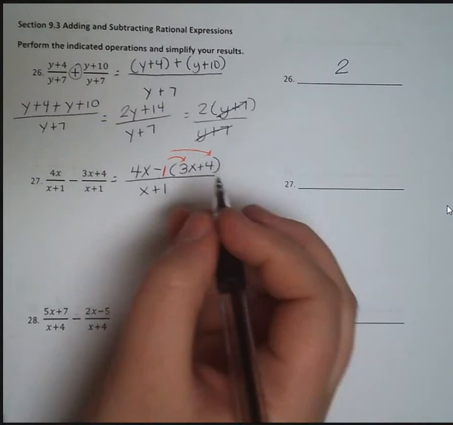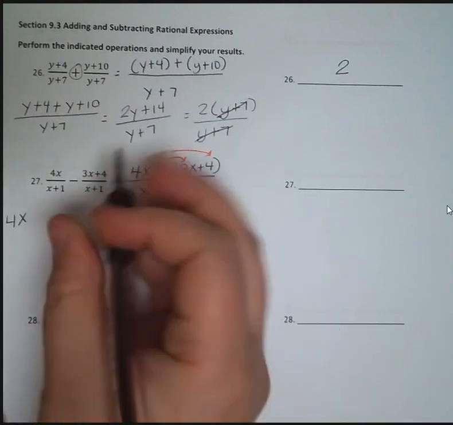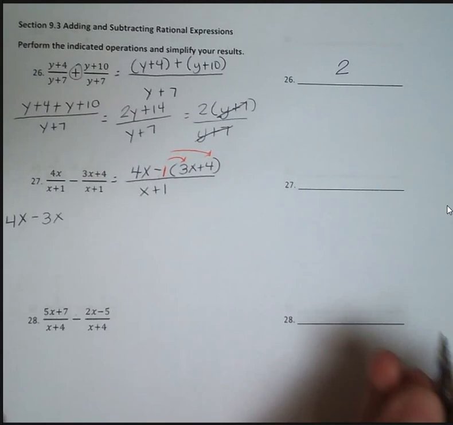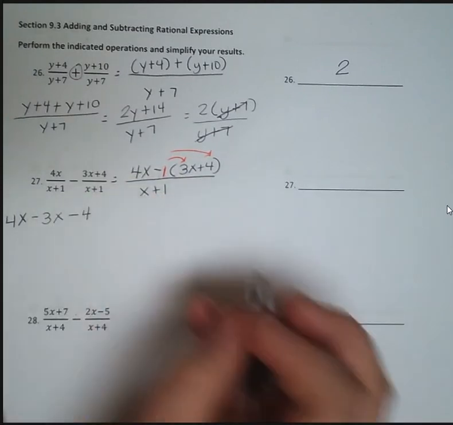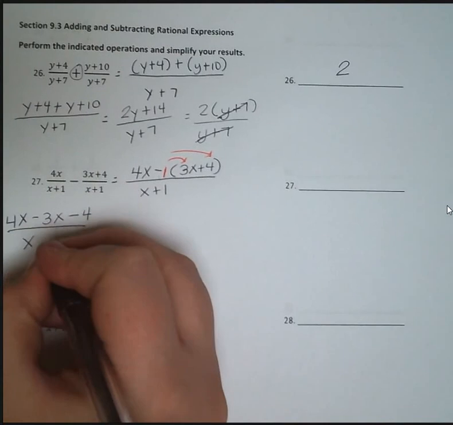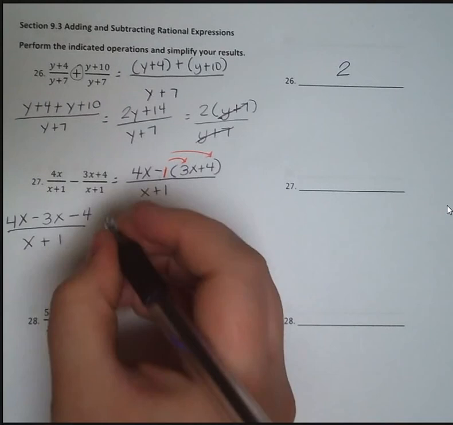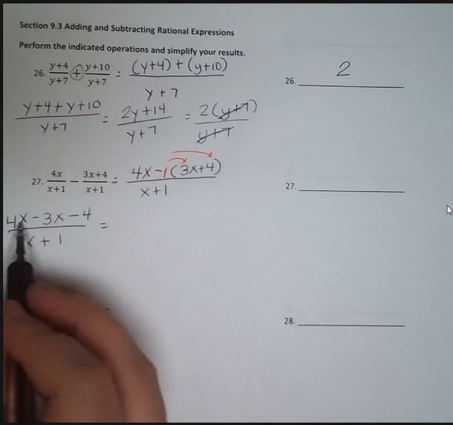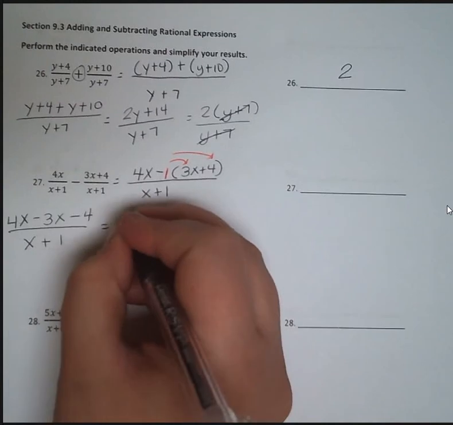So that gives us 4x. -1 times 3x is -3x. -1 times 4 is -4. Over our denominator of x plus 1. Then I combine my terms that are like. So 4x minus 3x is x.